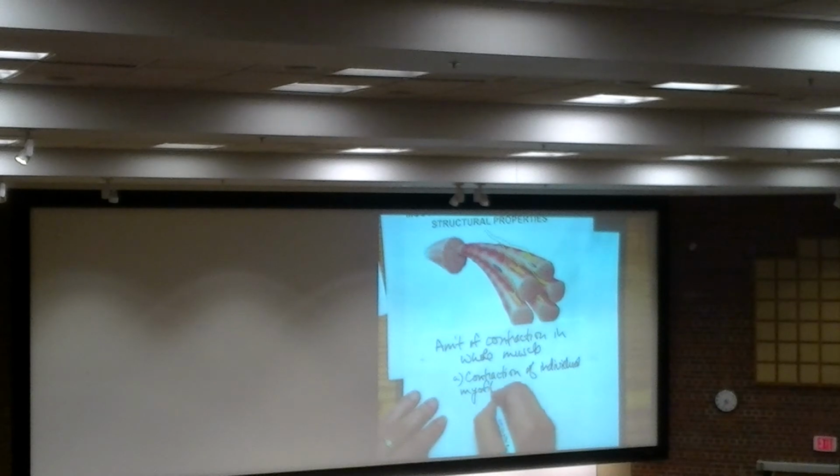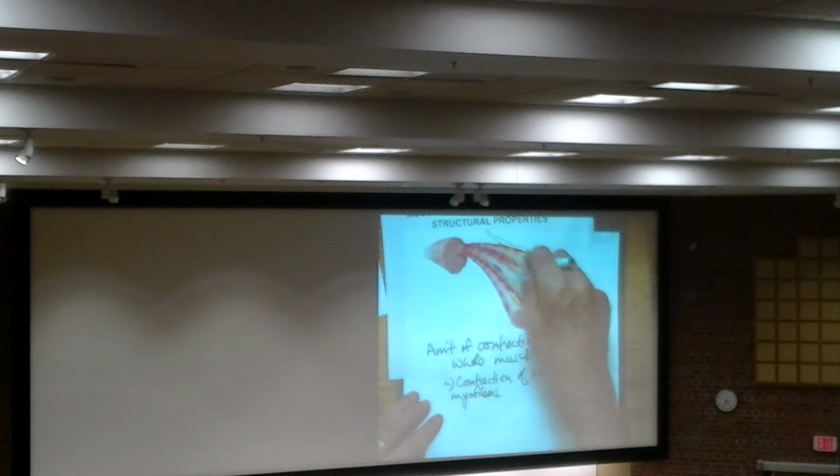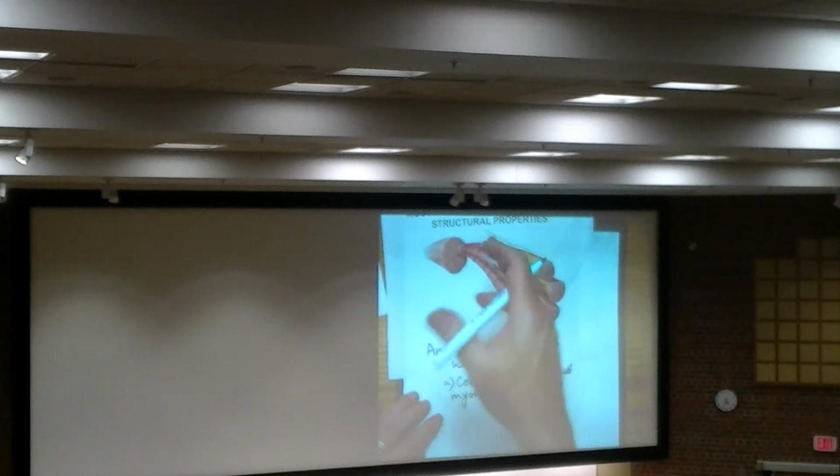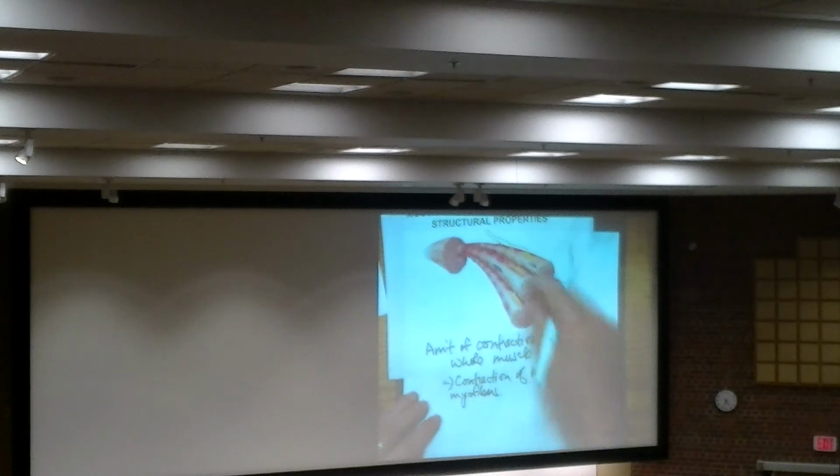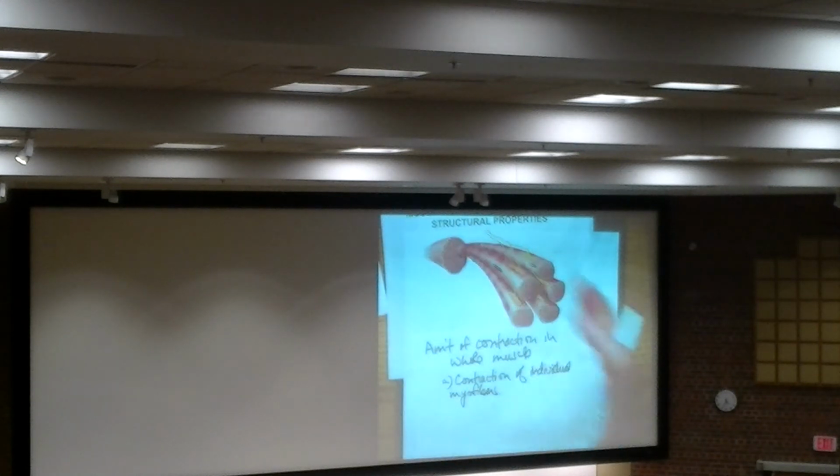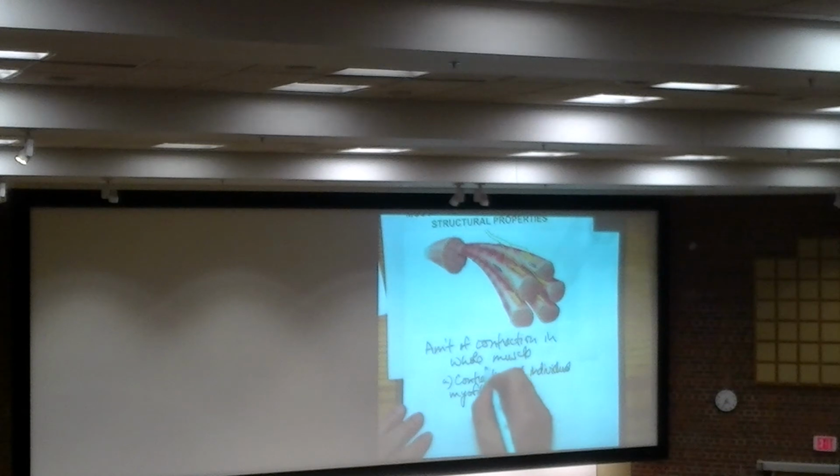You can have a contraction where some myofibers of the muscle are contracted and some are not. You can have a contraction of a muscle where the amount depends on the total amount of contraction of each one of those myofibers. So essentially what this means is that the property of the whole muscle depends upon the contraction of individual cells in the muscle. They can add up together.